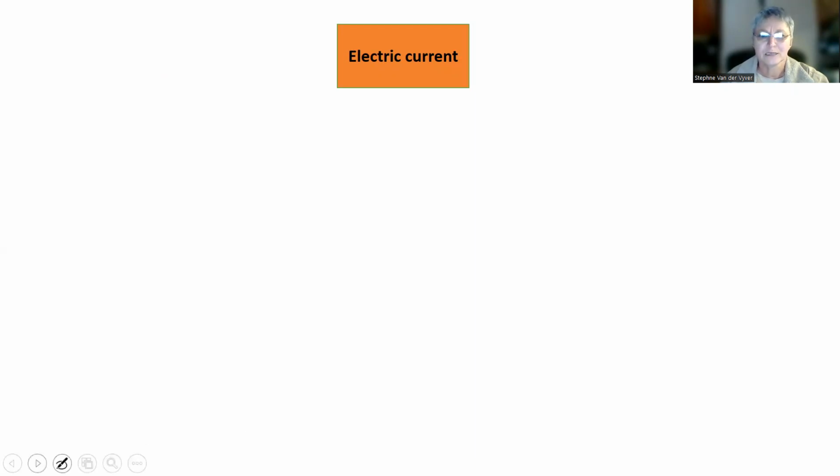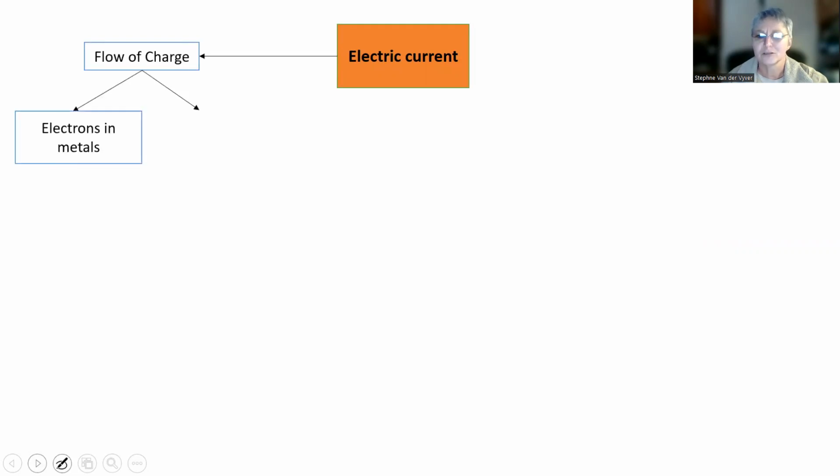When you have an electric current, you have a flow of charge. The flow of charge could be a flow of electrons. For example, in metals the charge carriers are electrons. In electrolytes, the charge carriers would be ions, the cations and the anions.